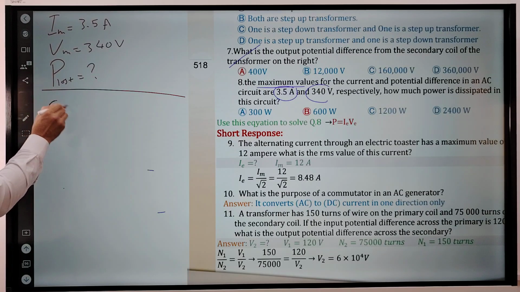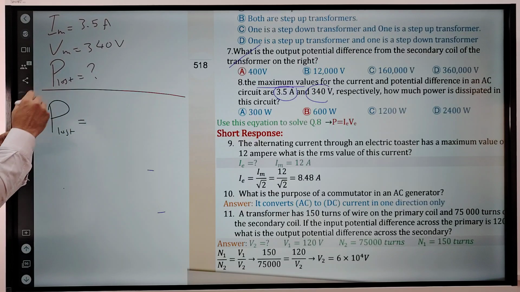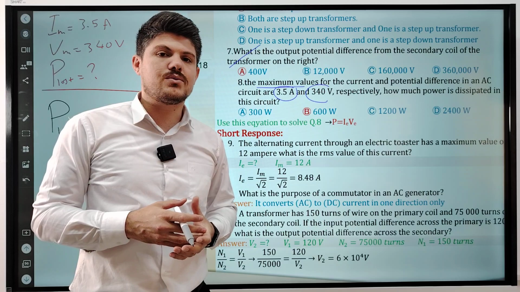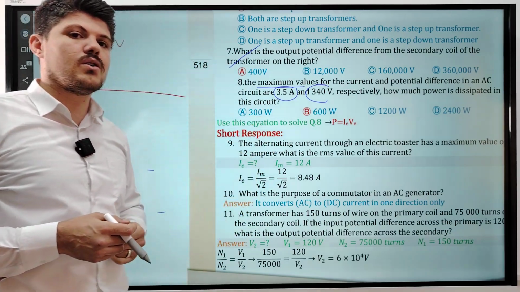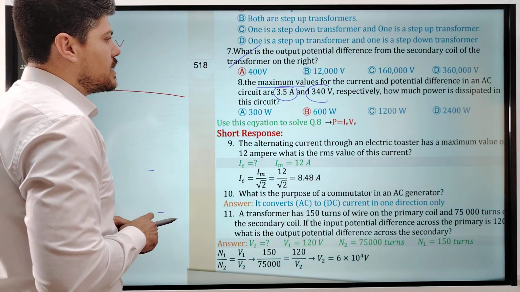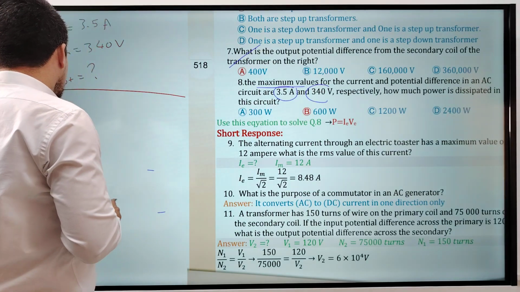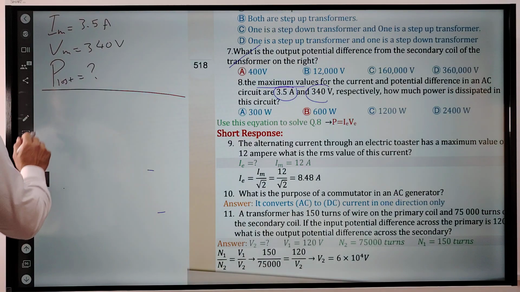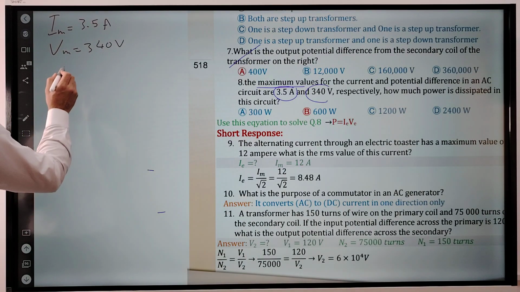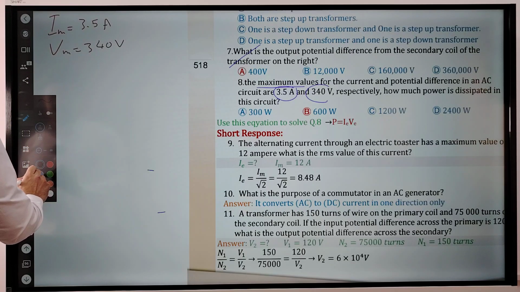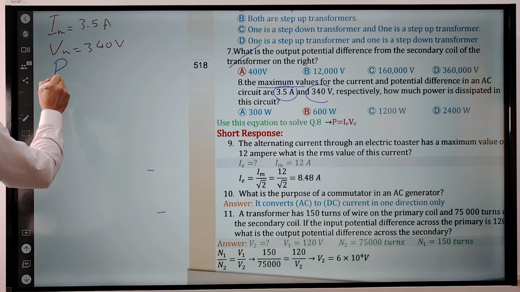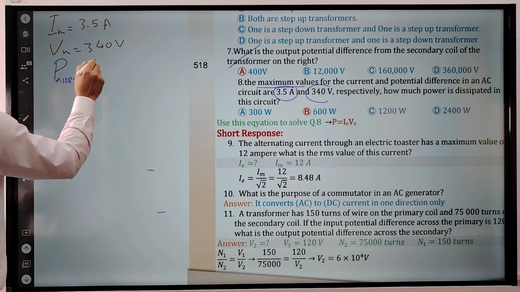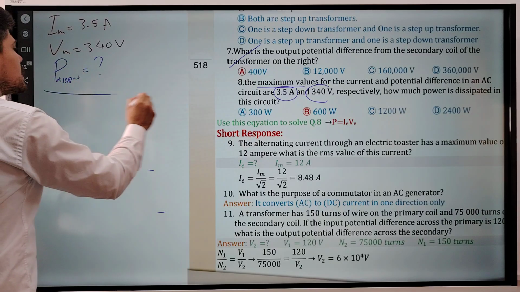To find power dissipation, we have to use the effective value of the potential difference and the current. So, P dissipated in this circuit.